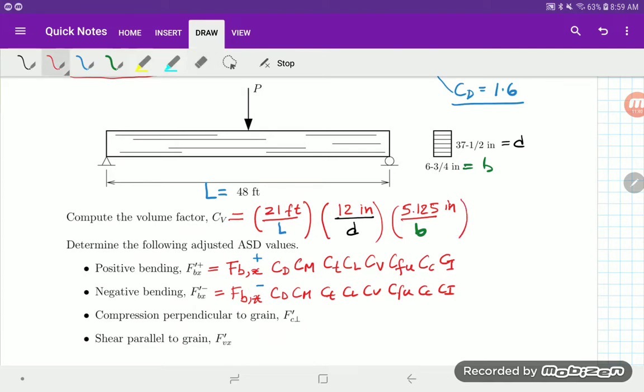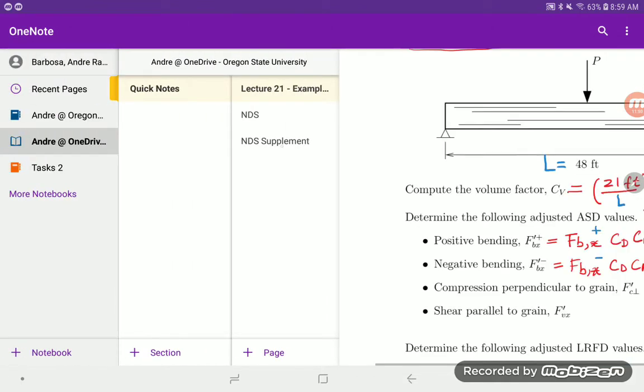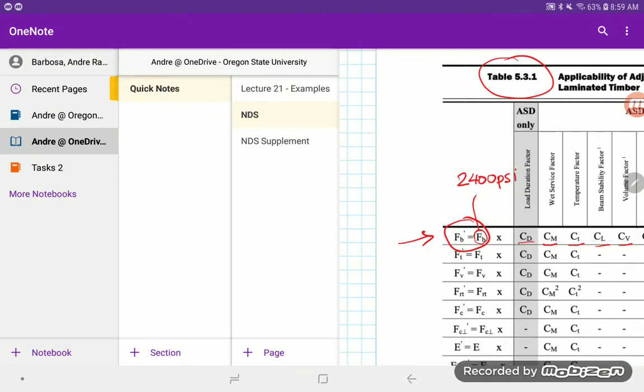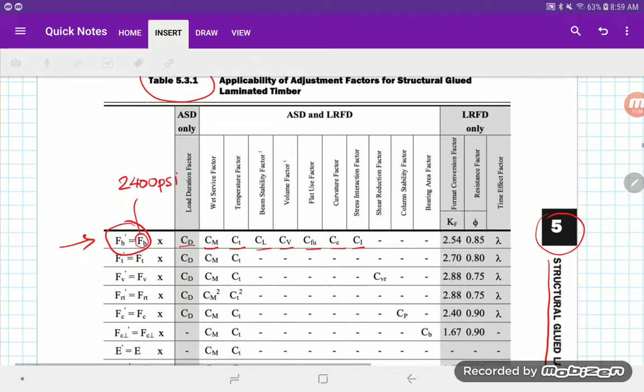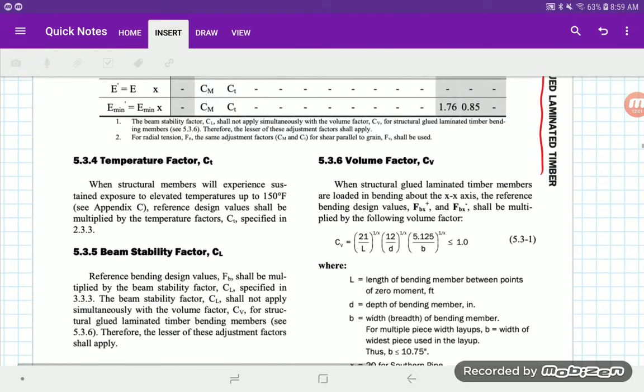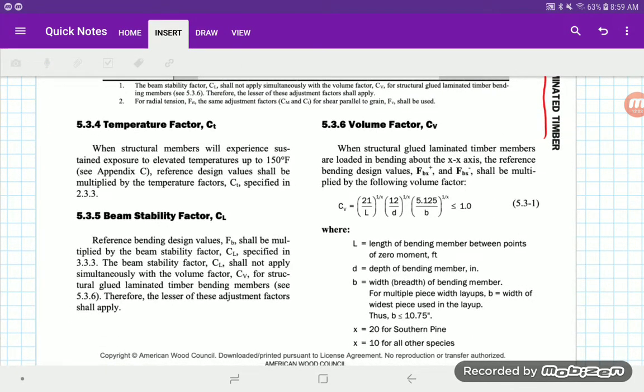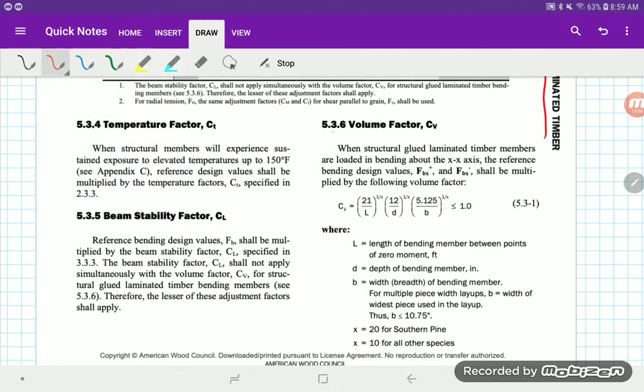All of these are multiplied. Sorry, they have an exponent to them, and that depends on it being softwood versus hardwood. For the western species, we'll see what these are quickly. For the C sub V factor, it's in Table 5.3.6, and it tells us that C sub V is 21 over L, 12 over d, 5.125 over b.